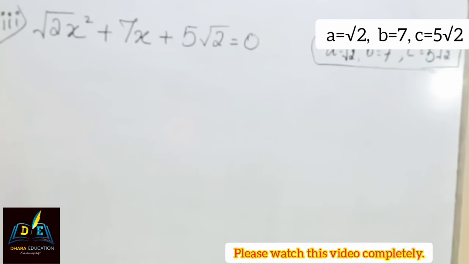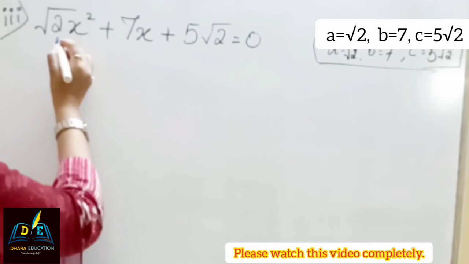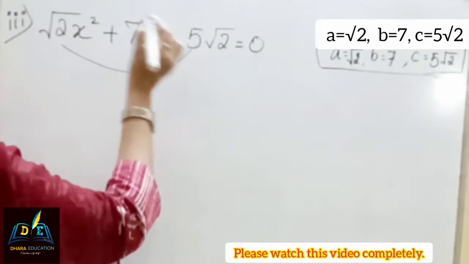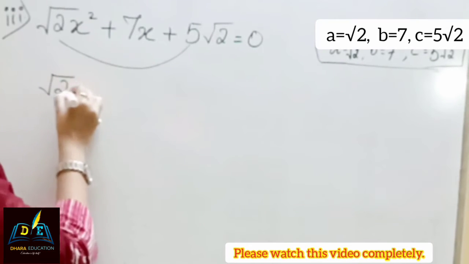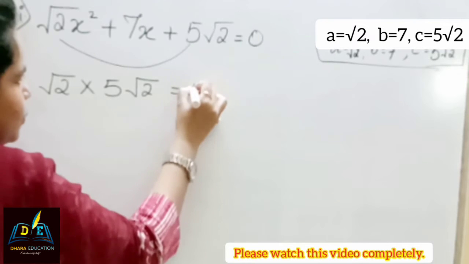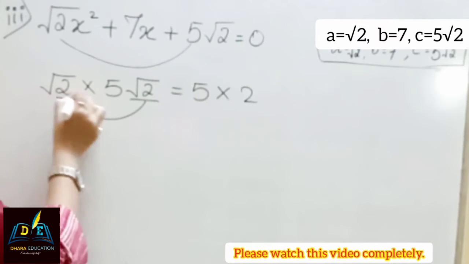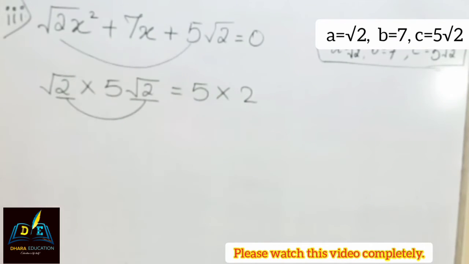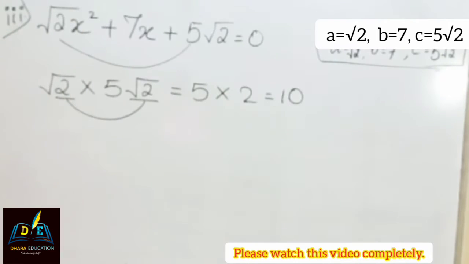Now students, one more thing I want to share with you all is this. The first term will be multiplied with the third term, right? So root 2 multiplied by 5 root 2 will give you 5 multiplied by 2, because root 2 multiplied by root 2 gives you 2, which is equal to 10. Am I clear?